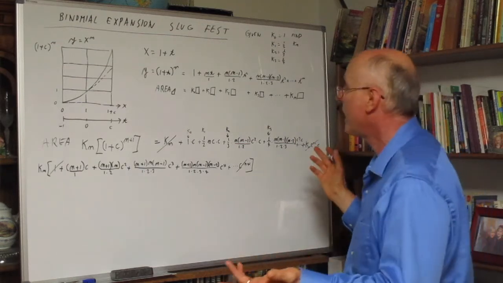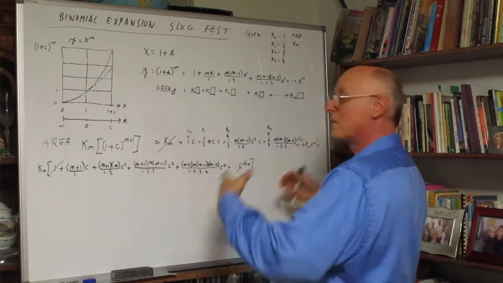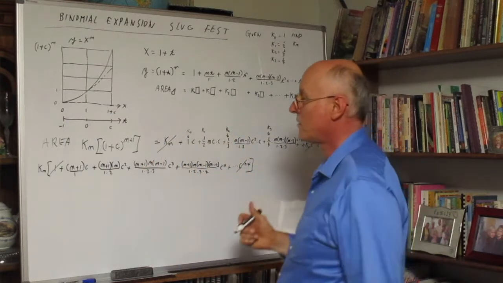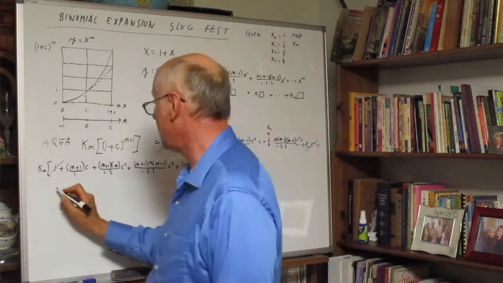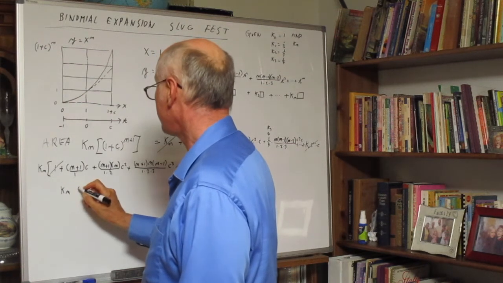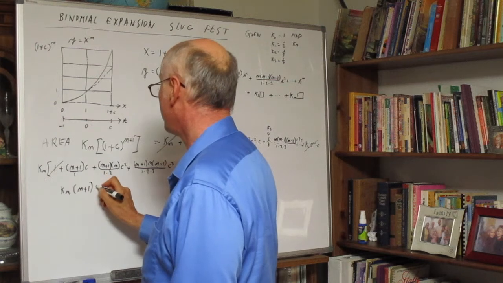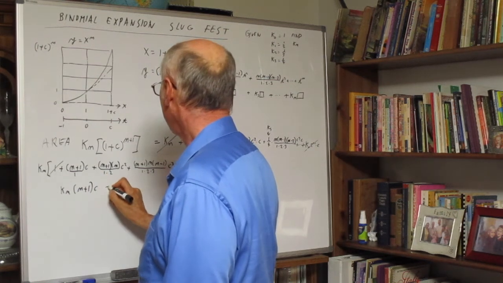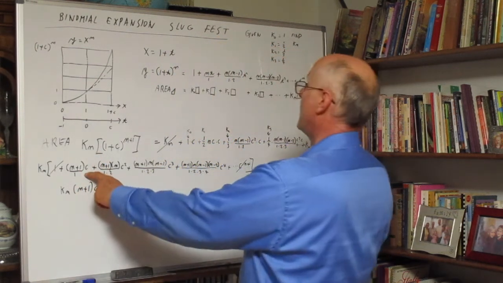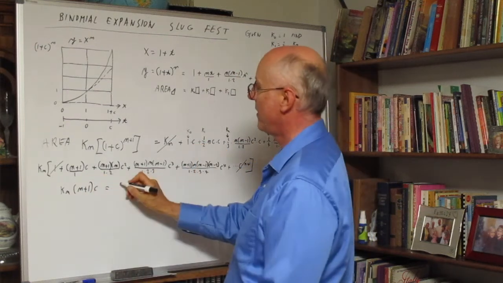So let's see what happens. We just collect our c terms, our c squared terms, each according to its kind, right? So let's do it. K sub n times n plus 1 times c equals, this side has it to equal c on this side, 1c.